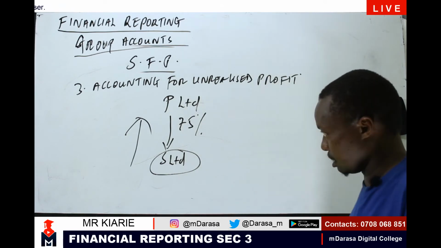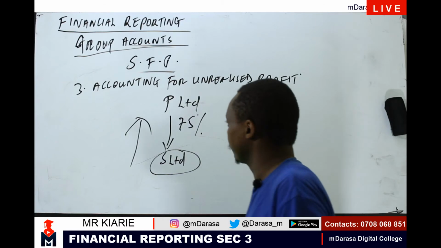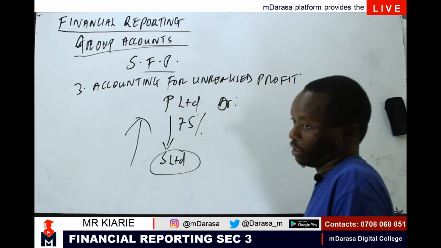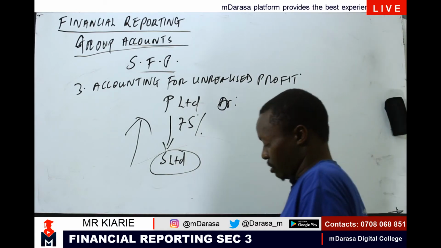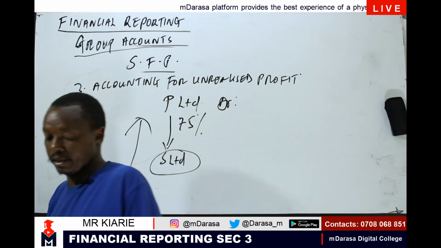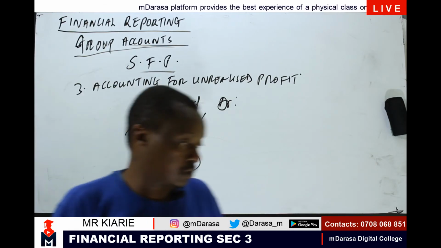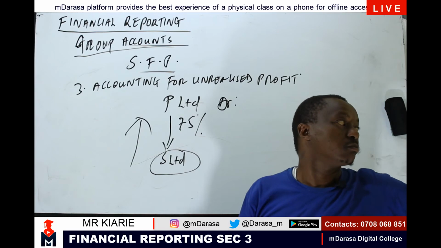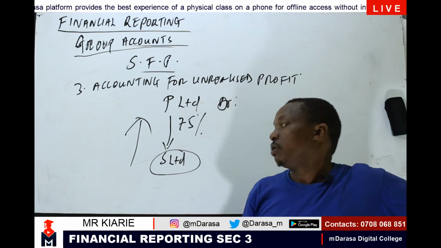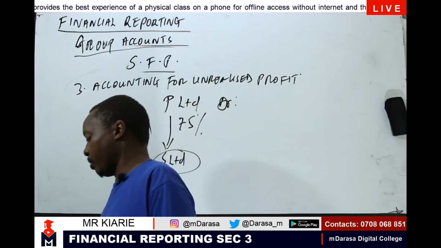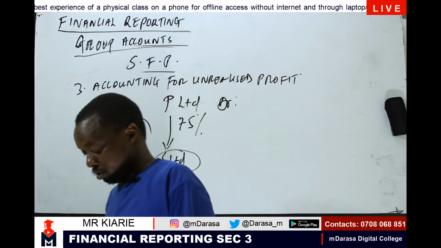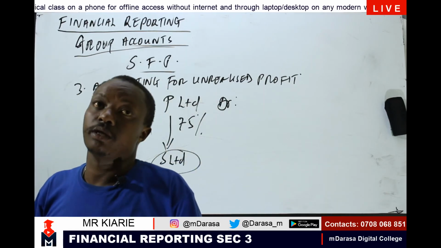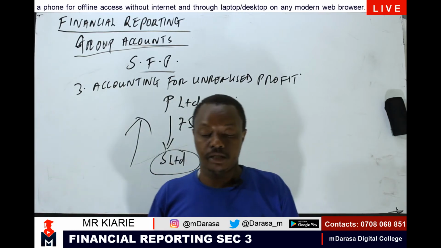In this case, debit group retained profits account with the parent share of unrealized profits.